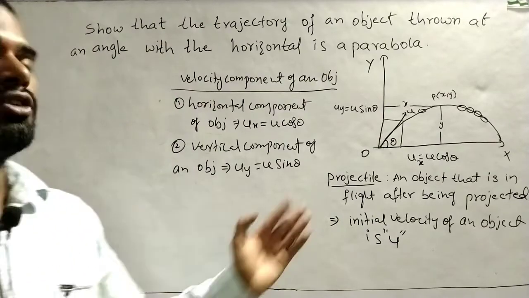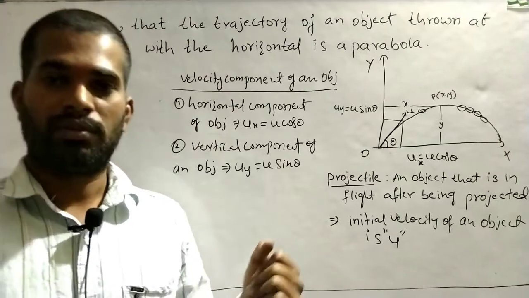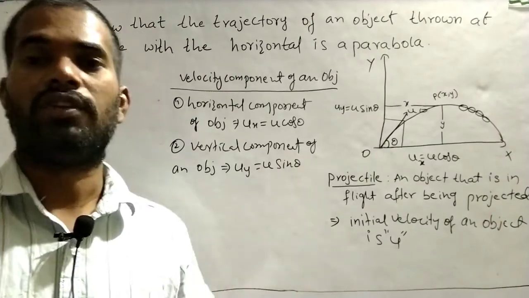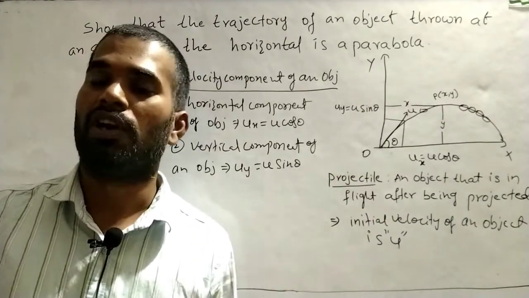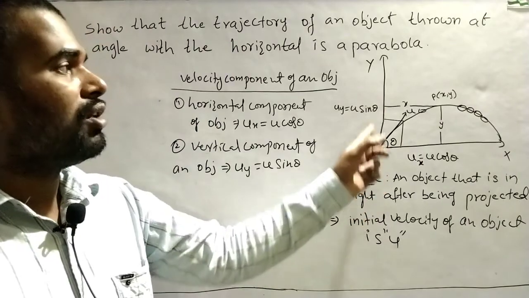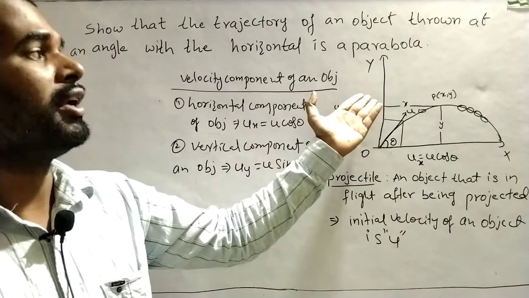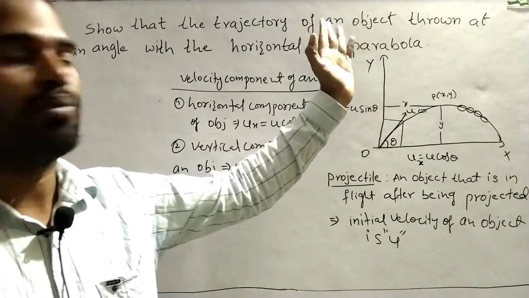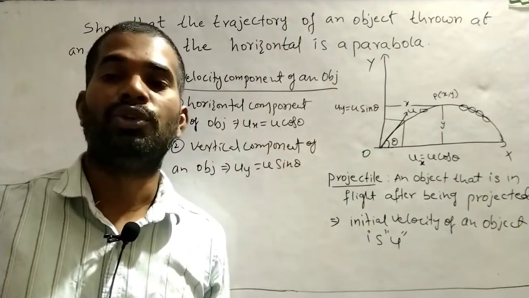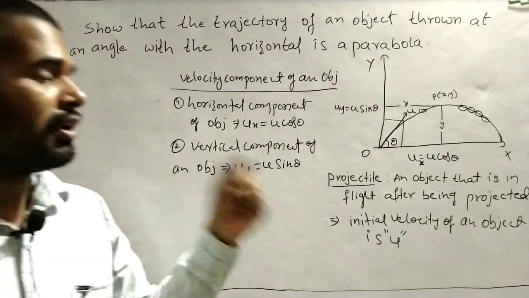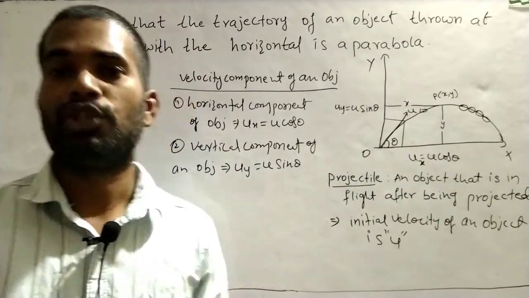When the object is thrown upward, some acceleration is acting on that object. The gravitational force is acting on the object, always downward. According to the y-axis, gravitational force is acting downward while the object is going upward, in the opposite direction of acceleration due to gravity. The horizontal velocity component is perpendicular to the acceleration due to gravity.